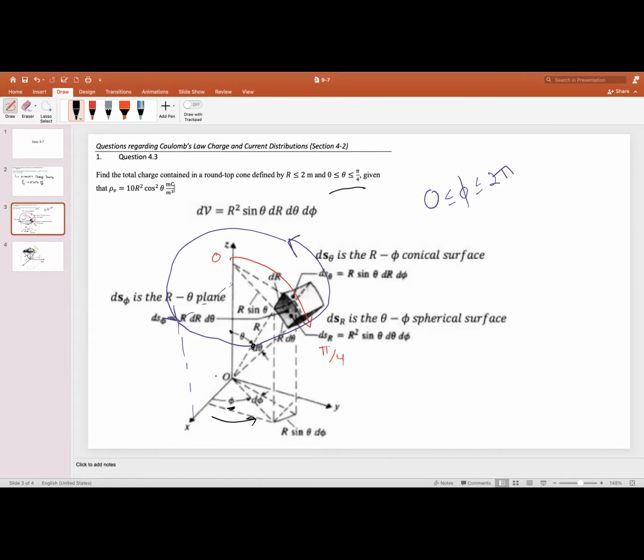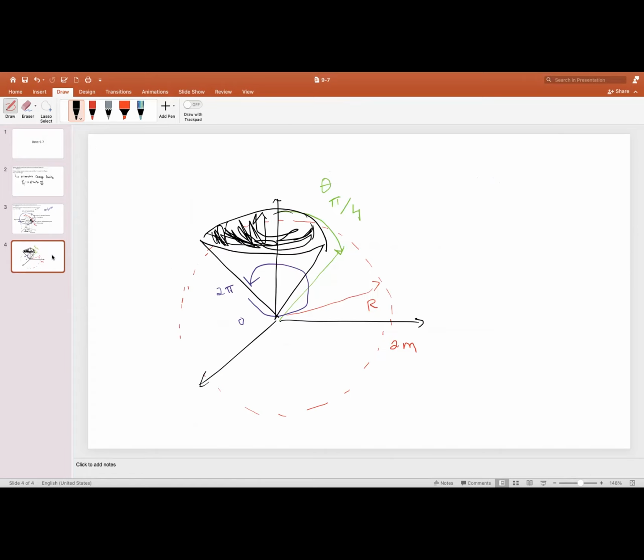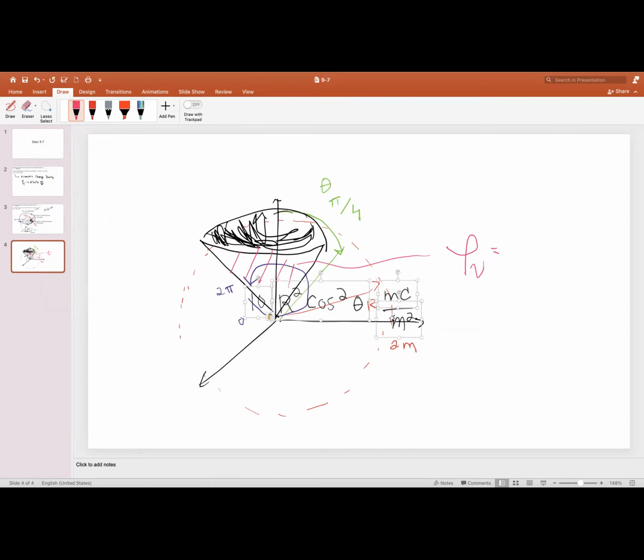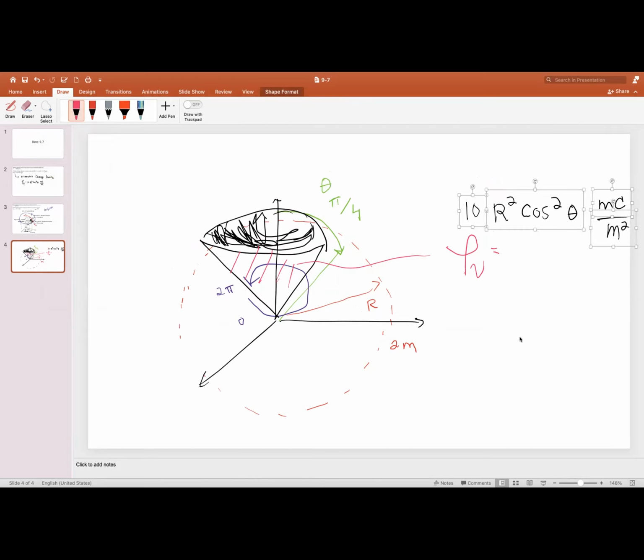And we're told that inside of this cone there's some volumetric charge density. And we want to measure the total amount of charge contained in that cone.